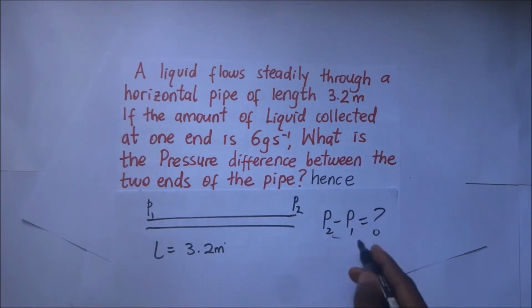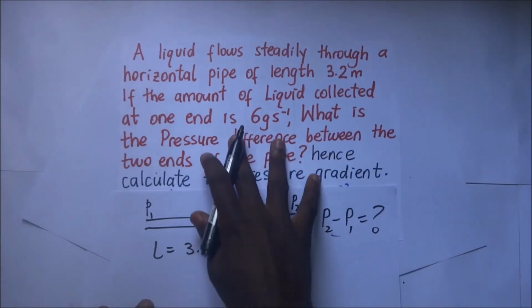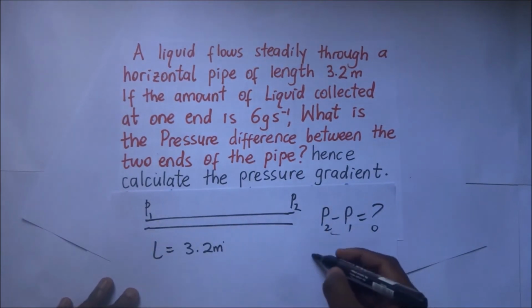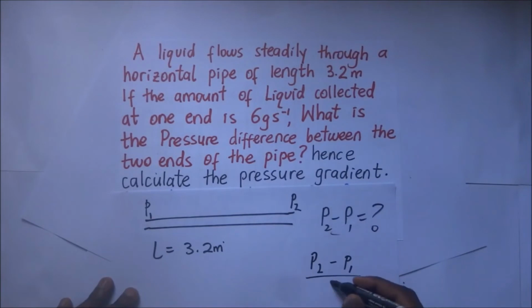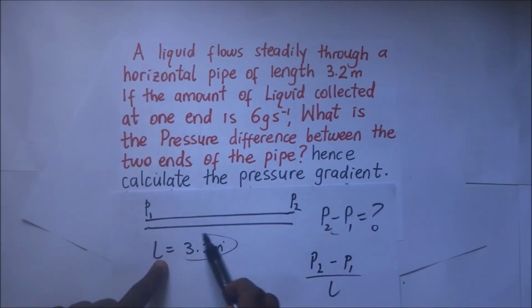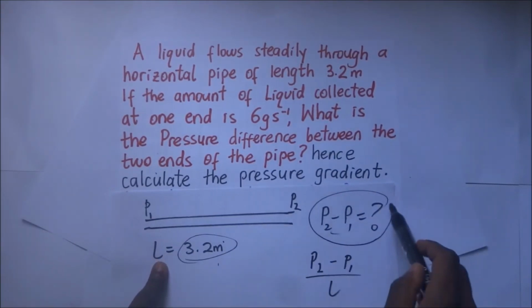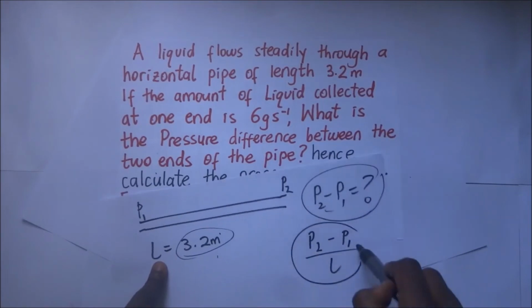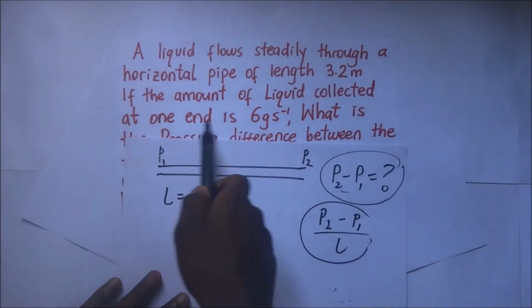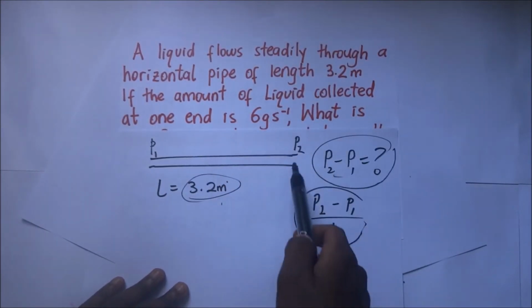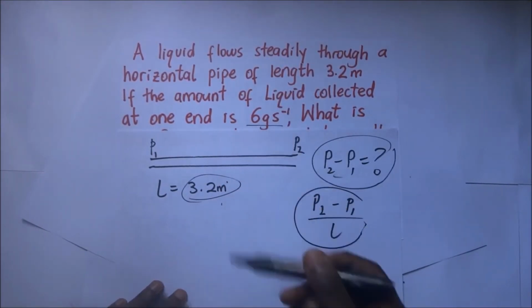And then after finding what P2 minus P1 is, hence calculate the pressure gradient. Pressure gradient is P2 minus P1, divided by the length, which happens to be 3.2. So we need to first find this, then after finding that, we find that right there. And of course, the other information is that the liquid collected at the end is 6 grams per second.